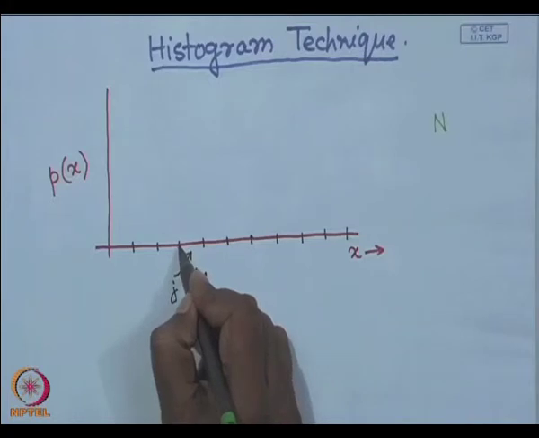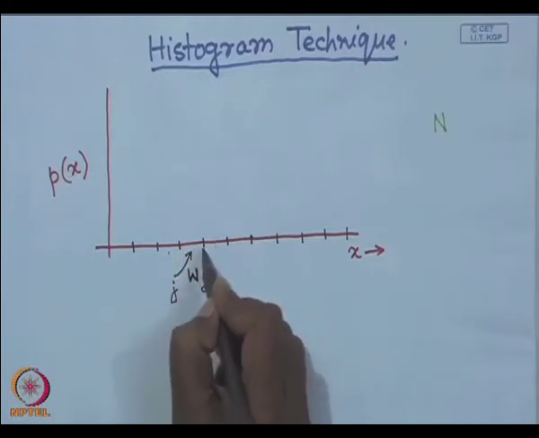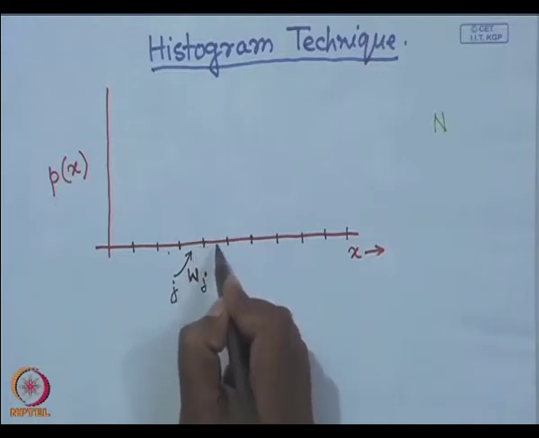Now, while doing so, it may happen that some of the samples fall on the boundary, either on the boundary between the j minus first interval and the jth interval, or on the boundary between the jth interval and the j plus first interval.